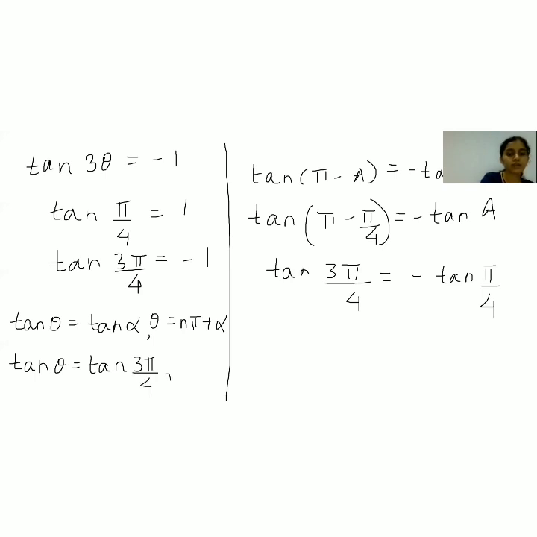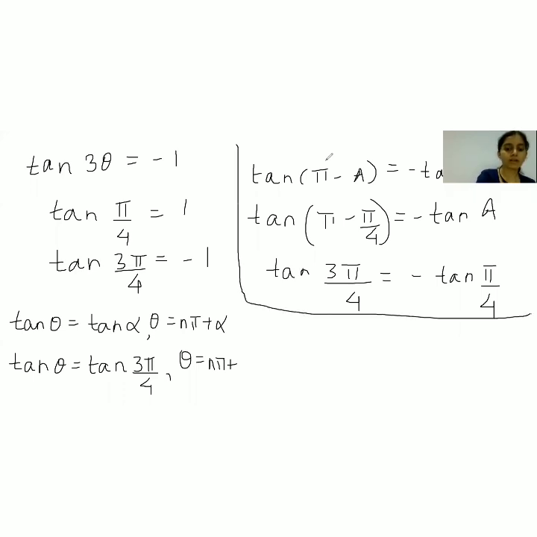Okay, and we'll write the theta solution as theta is equal to n pi plus 3 pi by 4, and then you have to put in the n value, that is n belongs to z.